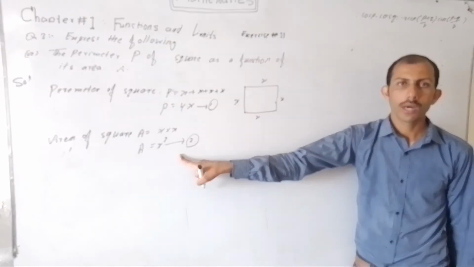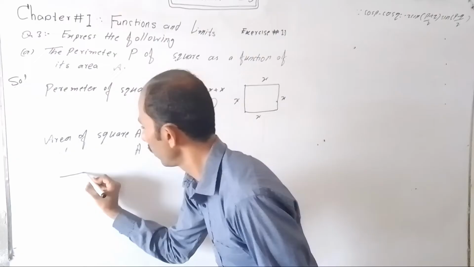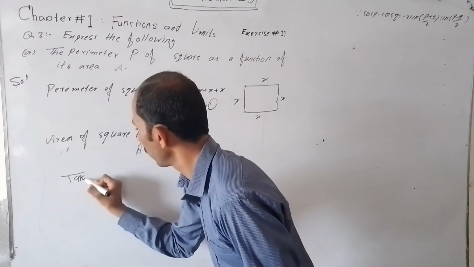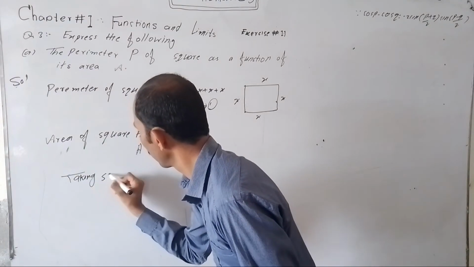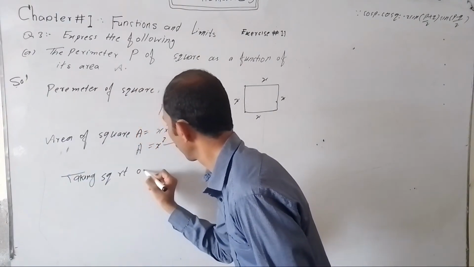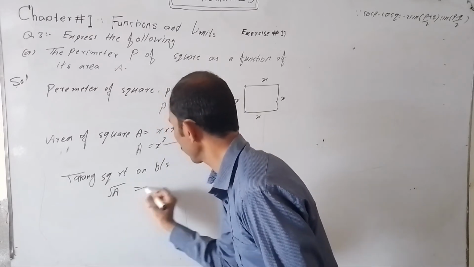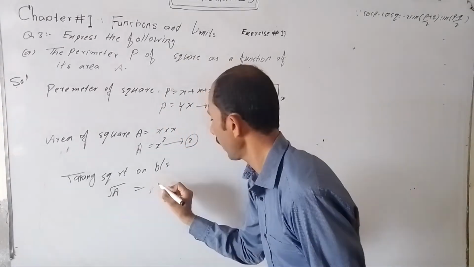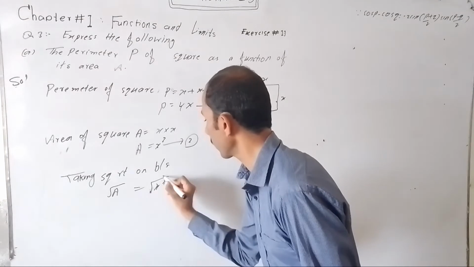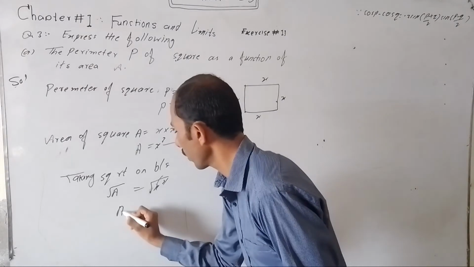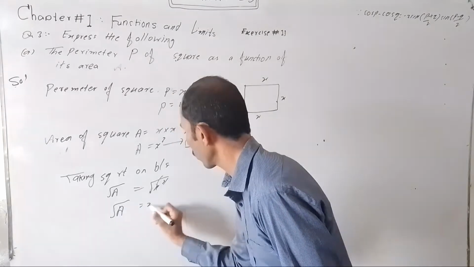Equation number 2. Taking square root on both sides. So square root of A is equal to square root of x square, square root cancels the square. So under root of A is equal to x.